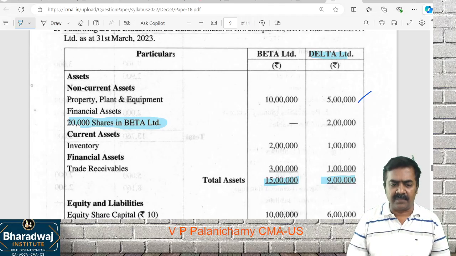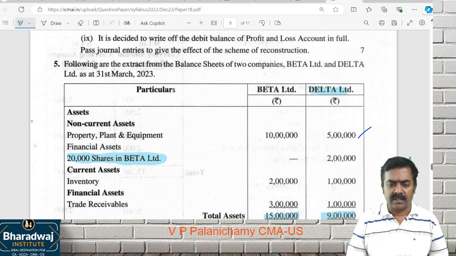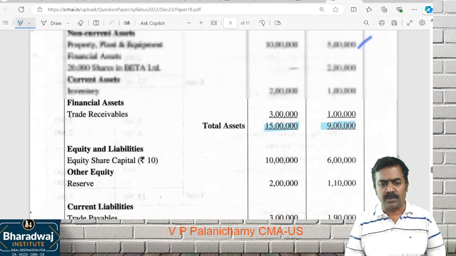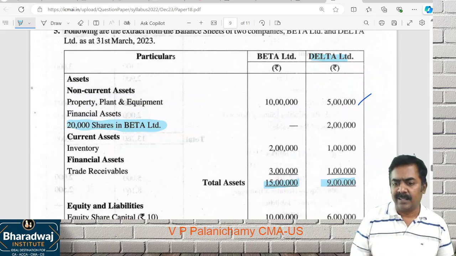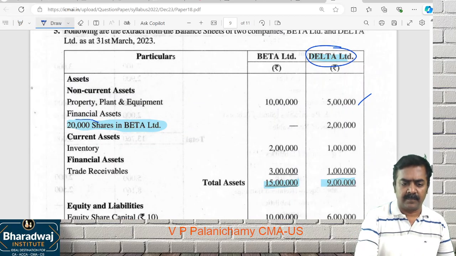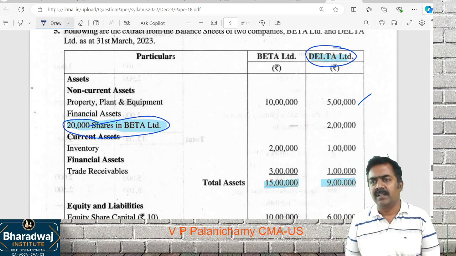Who's purchasing? Beta Limited was to absorb Delta Limited. So the selling company, Delta, is holding some shares in Beta Limited.